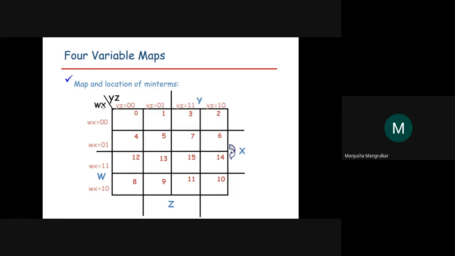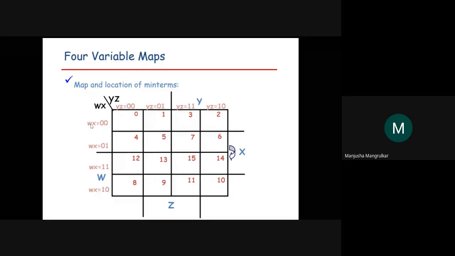Earlier with 3 variables, only 8 terms, so x y z only. Now here it is w x y z, or it can be a b c d also. It is not mandatory to use w x y z; it can be p q r s also. It is just the name of those terms. But how you are going to represent it? There are 16 possible conditions maximum, right?